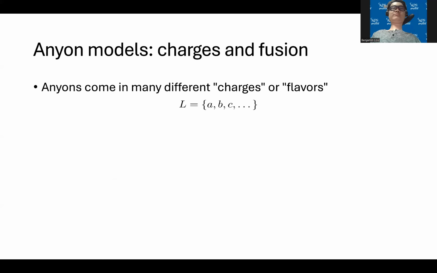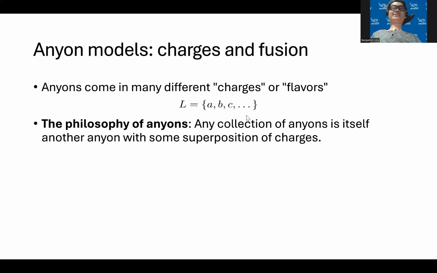So let's talk about anyon models in general. Basically, when we fix an experimental setup, we're going to have a range of anyons, and each anyon is going to have a different charge or flavor. So here's the set of possible charges. The philosophy to employ here is that any collection of anyons is itself another anyon with some superposition of charges.